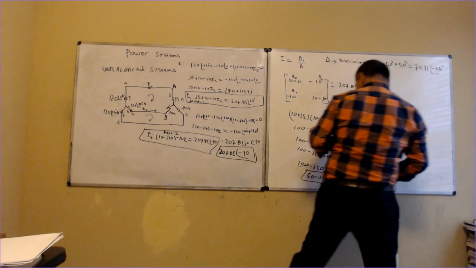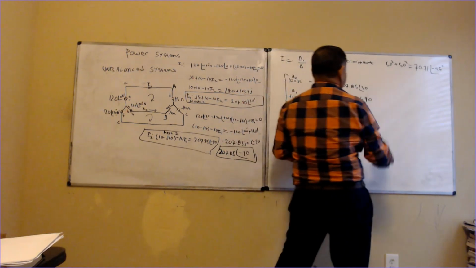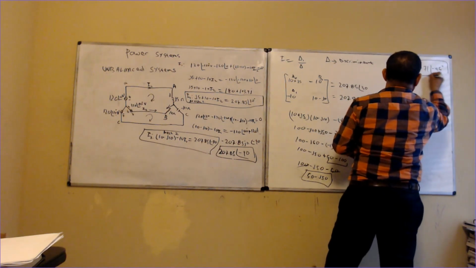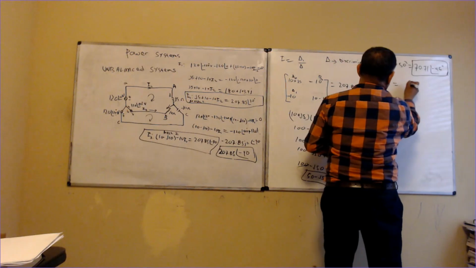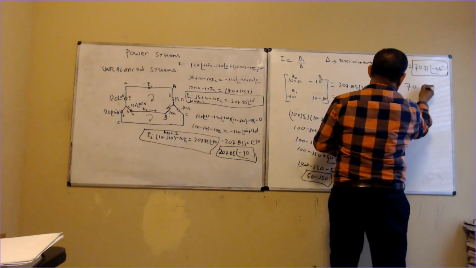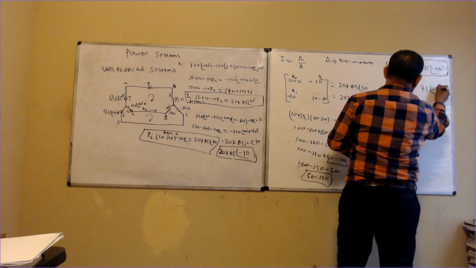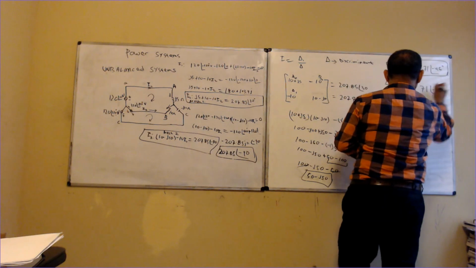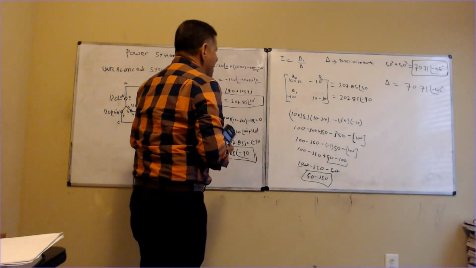Take the inverse tangent of those; the inverse tangent of that is going to be negative 45 degrees. So that is the first. That is our delta, 70.71 angle of negative 45 degrees. Okay, so we have that.